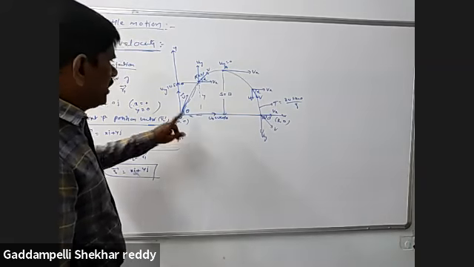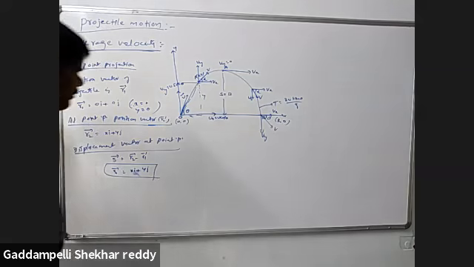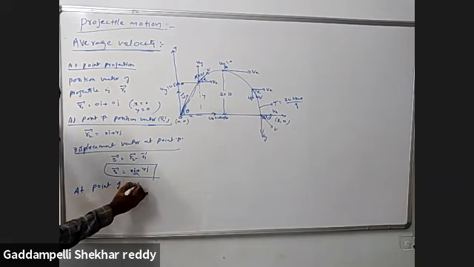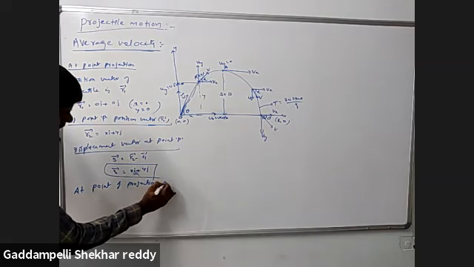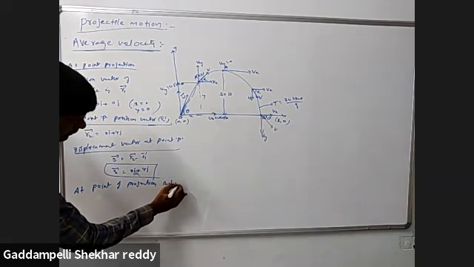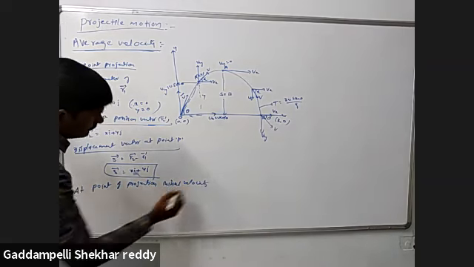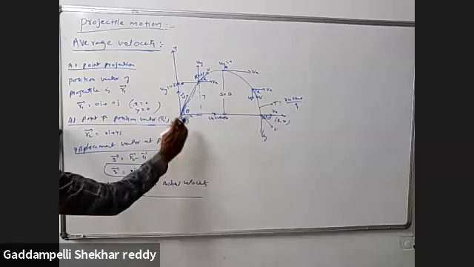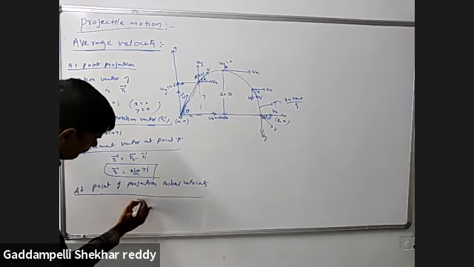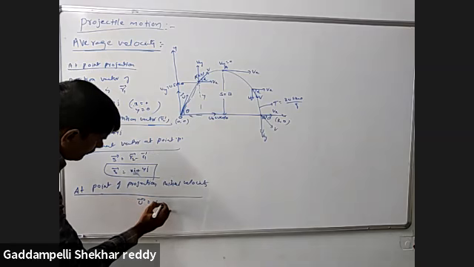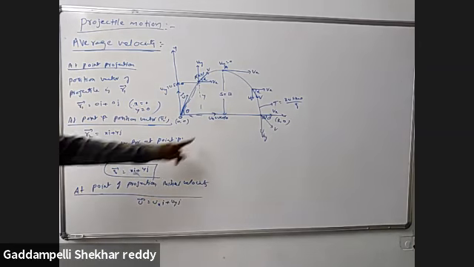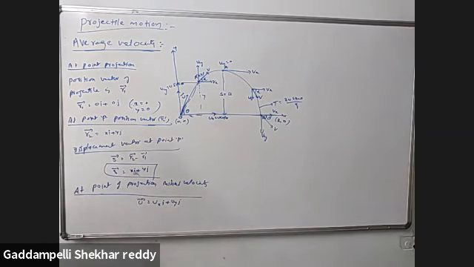Now, at the point of projection, the initial velocity vector. The initial velocity u bar is equal to ux i plus uy j, where ux is equal to u cos theta and uy is equal to u sin theta.